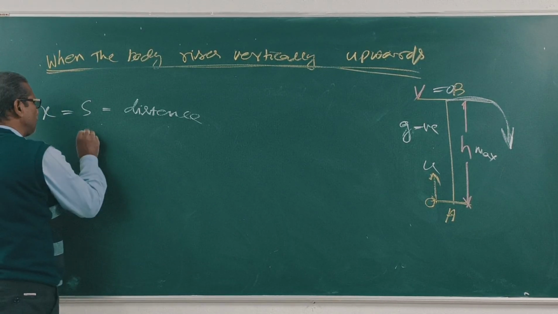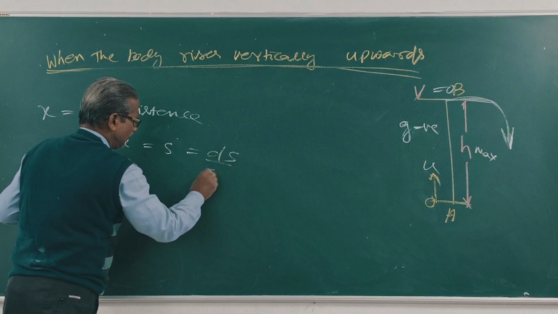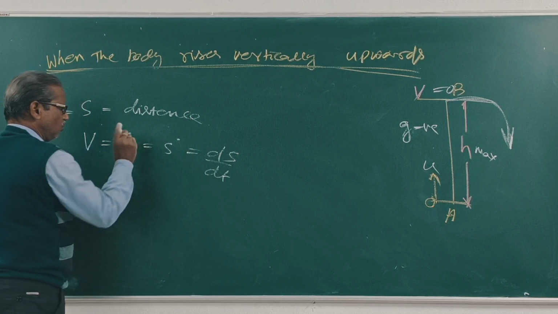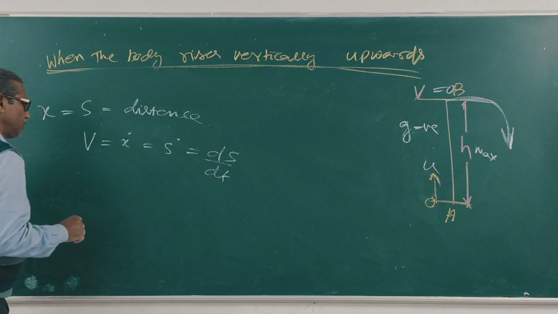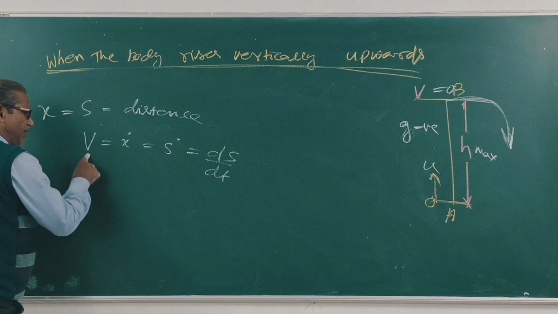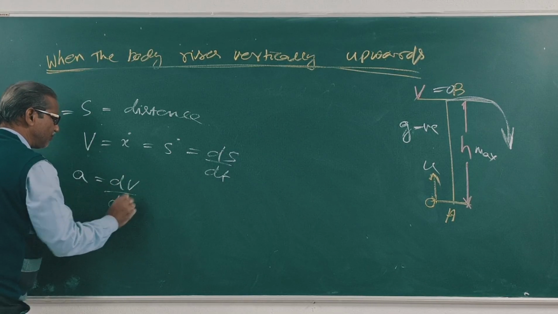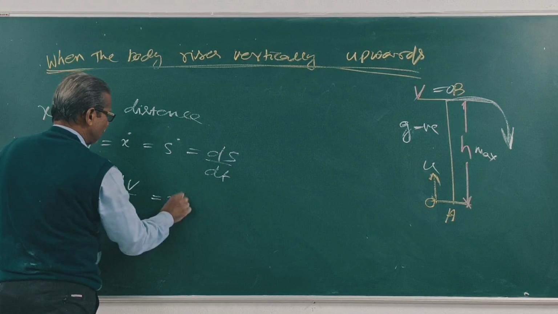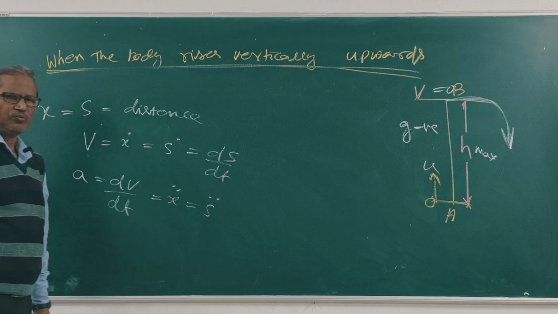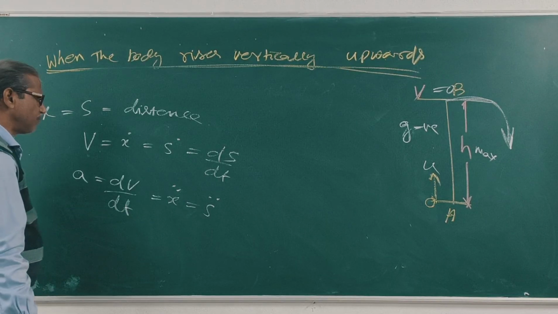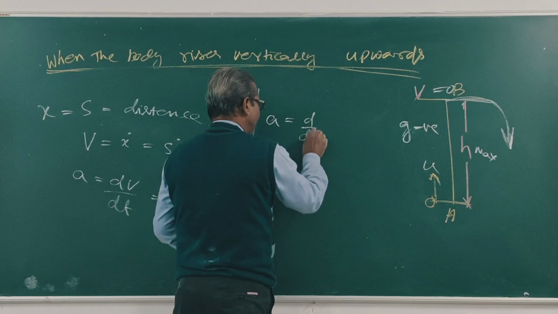It is x dot or s dot, that means ds by dt. Dot means one time derivative, a single dot. ds by dt, one time derivative, this is v. What is acceleration? a is equal to d by dt of v, or x double dot or s double dot, two time derivatives. Two time derivatives means a is equal to d by dt into v.